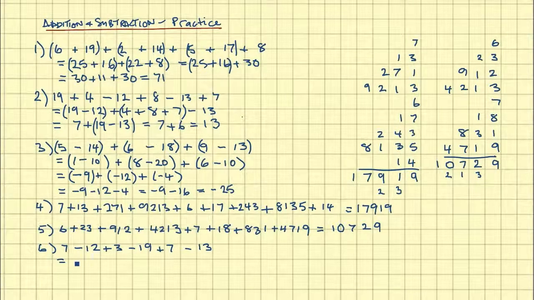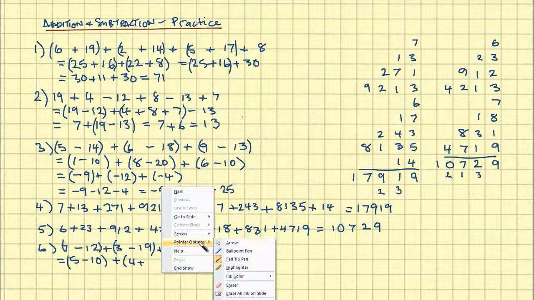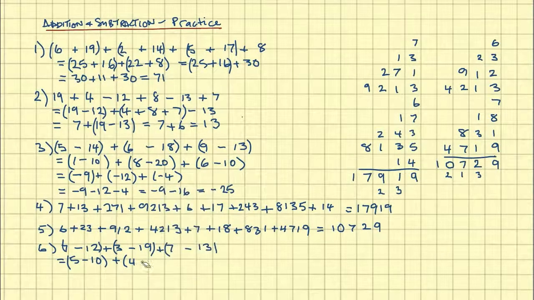So now we want to look at this, so we're going to bring that down to 10. Let's just bracket these off before we go any further. So we're going to bring this term down to 10. So if that goes down, that one's going to go down as well. So we've got 5, subtract 10. Let's rearrange this. This one's got to go up to 20, so this one goes up, so it's going to be 4, add 4, subtract 20.